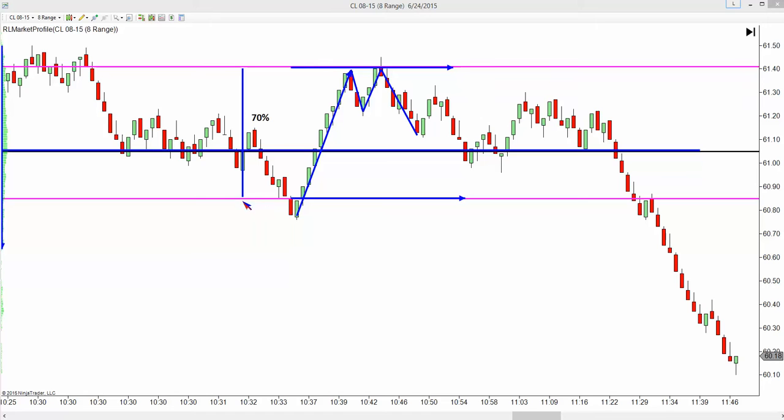If you break the value area low, retrace back to it, then you can take a continuation short. There are certain instances where you may just want to take a break of the value area low or a break of the value area high as a breakout, but we're not breakout traders. We're retracement traders. Now, the thing about trading market profile is you have to trade with the trend.